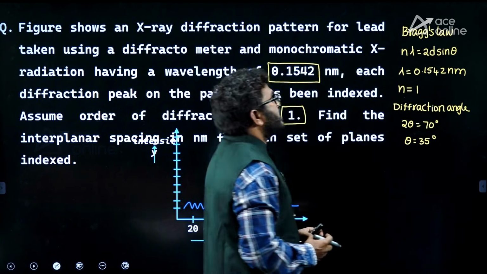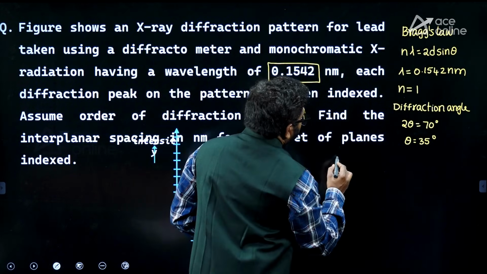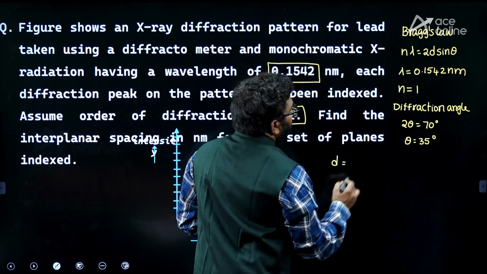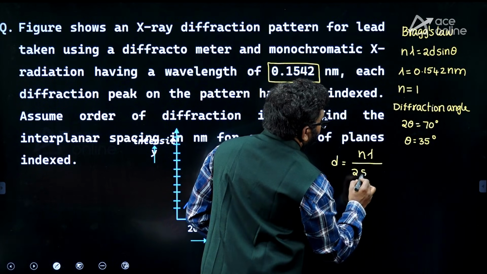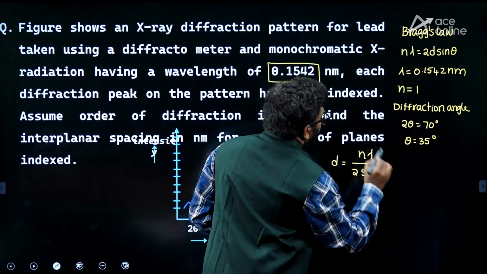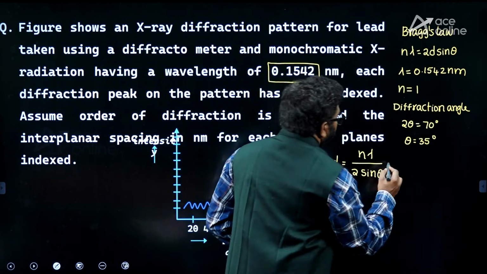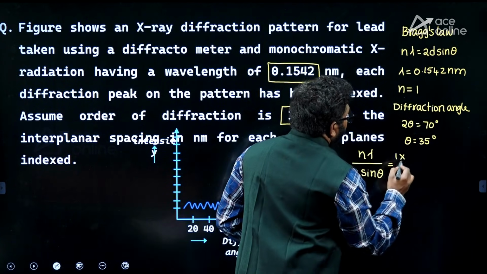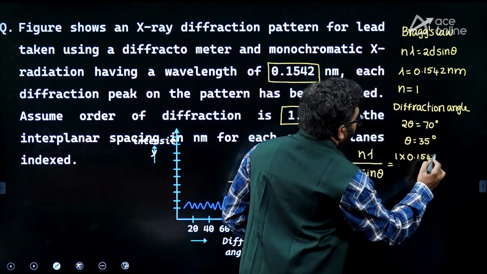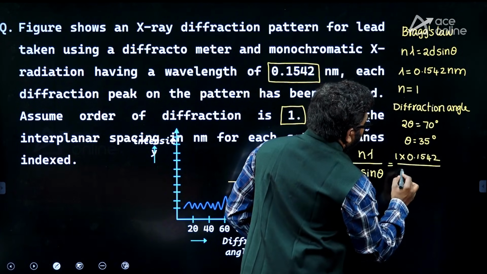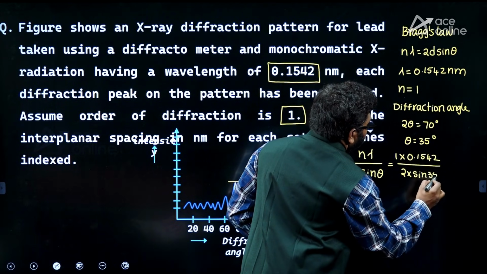I want interplanar spacing in nanometer. So d is equal to n lambda by 2 sine theta. With n equal to 1 and wavelength 0.1542 nanometer, d is 0.1542 nanometer by 2 into sine 35 degrees.